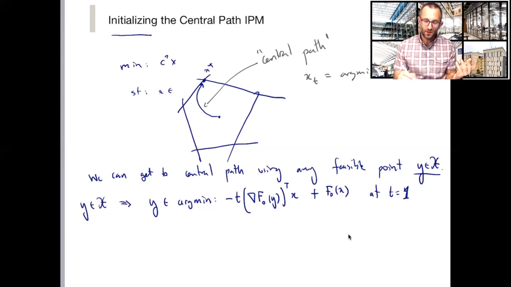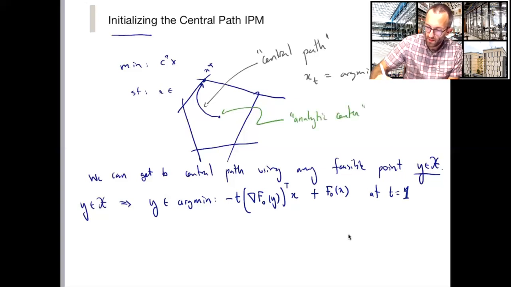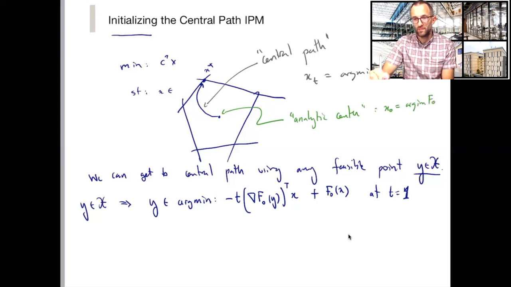So what do we do? We want to eliminate this dependence on y because we want to get back to c. This point is what's sometimes called the analytic center, x0, the argmin of f0. And f0 has no dependence on c.